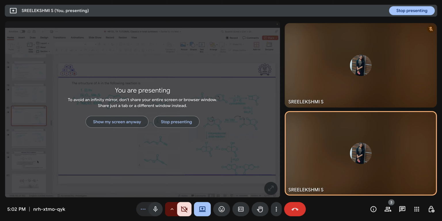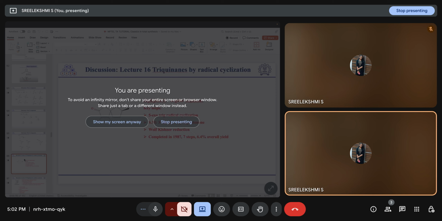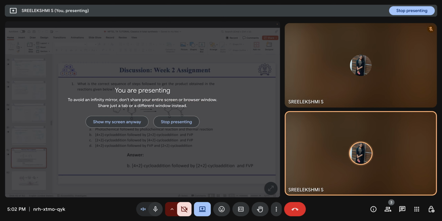Then we will move ahead with the contents of some lectures, that was week 4 lectures. Then we will see some questions related to the week 4 lecture topics. So firstly we will start with the week 2 assignment question.